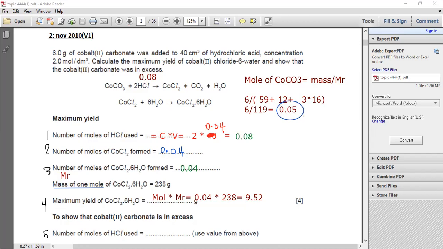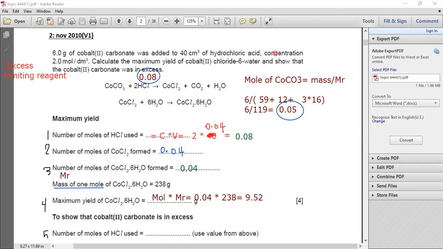When there is a question about which one is in excess, or which one is the limiting reagent, what do you have to do?